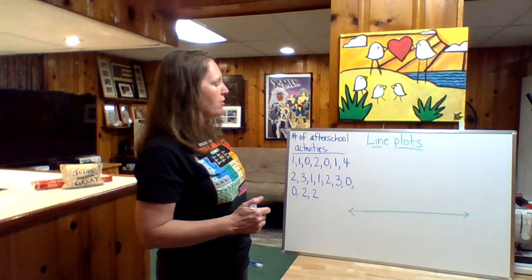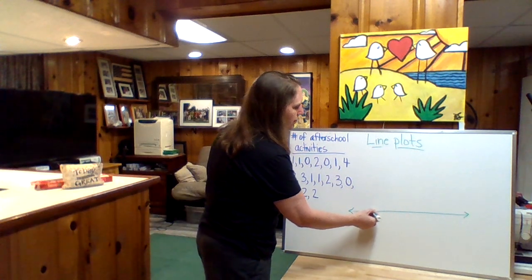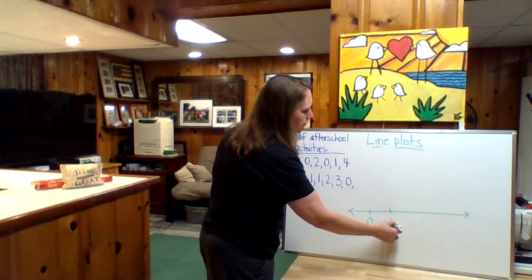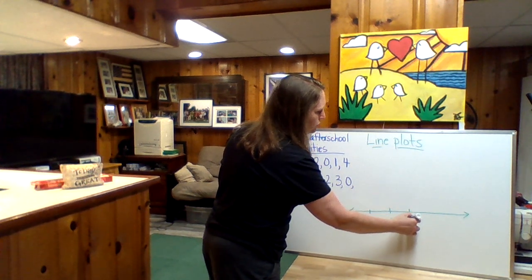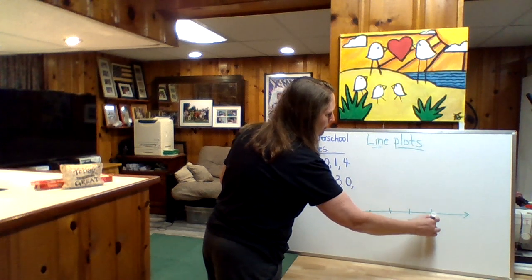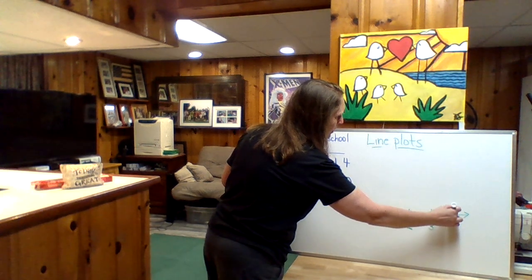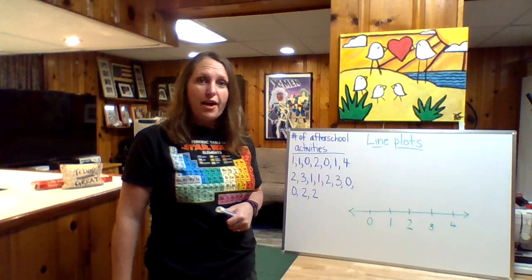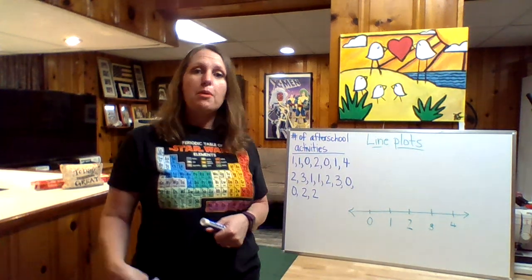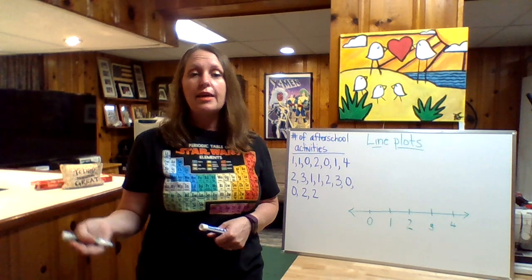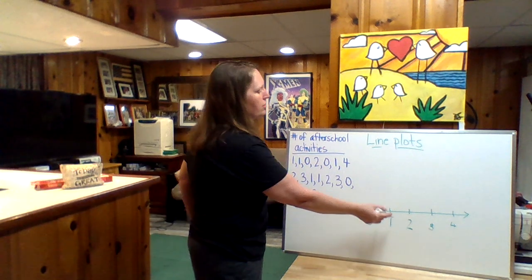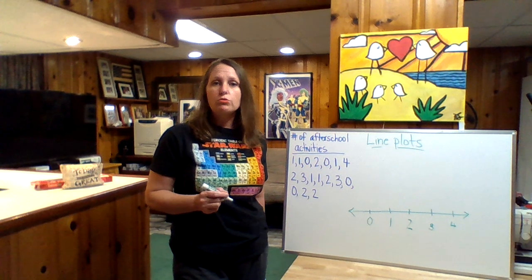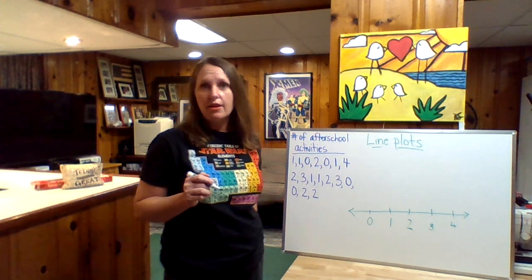So down here on our number line, we're going to have 0 through 4: 0, 1, 2, 3, and 4. Just like a regular graph that you're used to, you have to number and label. So 1, 2, 3, 4, those are all number of after-school activities. So I'm going to write that underneath my graph.